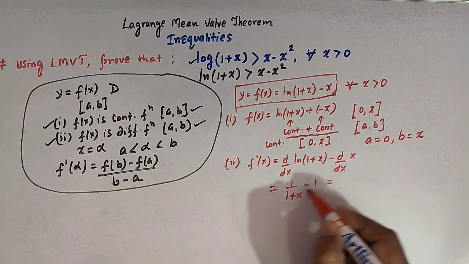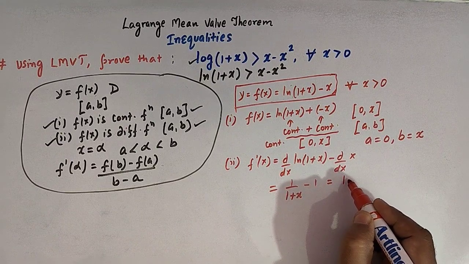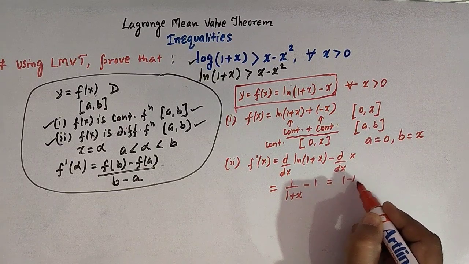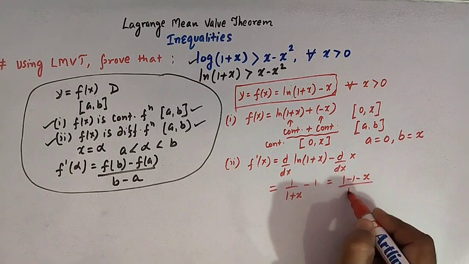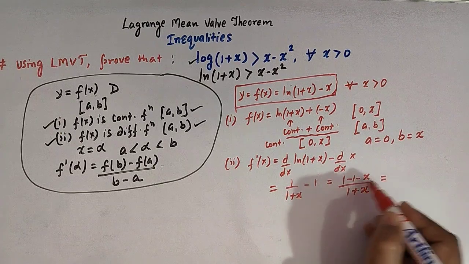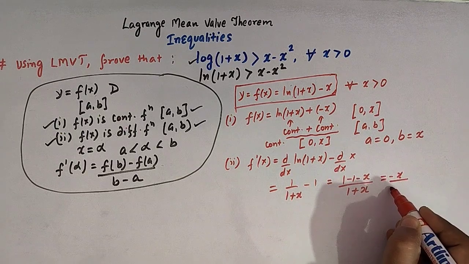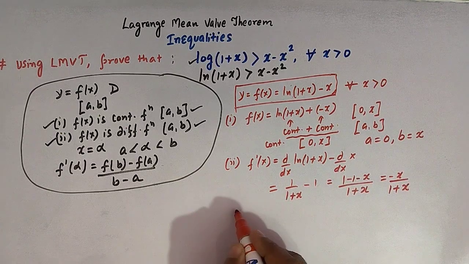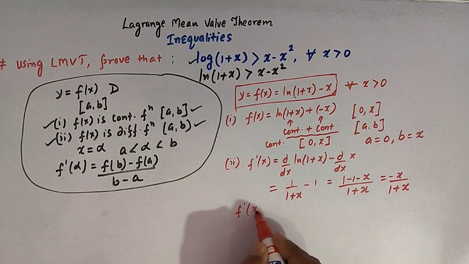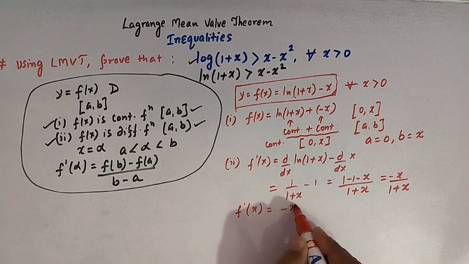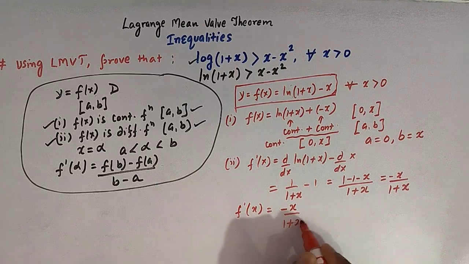Now we can simplify it. We have 1 minus 1 minus x divided by 1 plus x. Here 1 and 1 get cancelled, so we are left with minus x over 1 plus x. So f prime of x is now equal to minus x over 1 plus x.